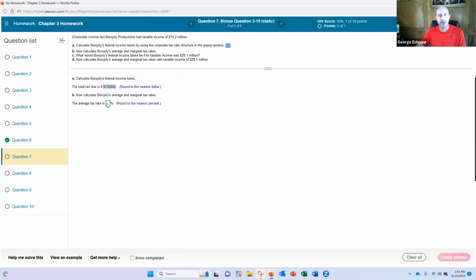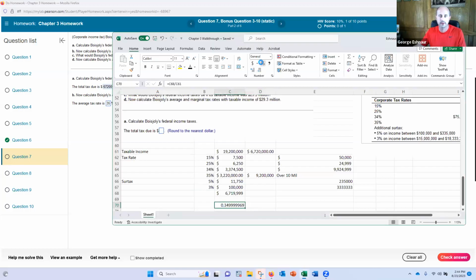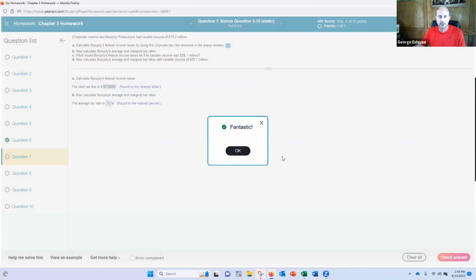That's right. So 35%. You're 100% right. All I did here was take the payment amount divided by that, and we see that's 35%, which is pretty much what we got when we took the number times 35. So it's a trick in the system, but that's the right answer.